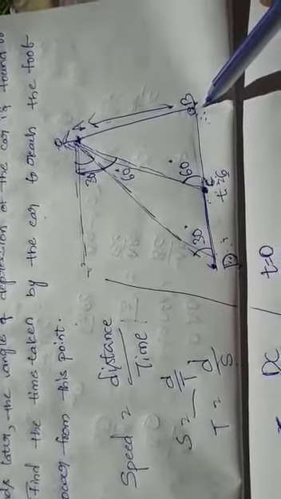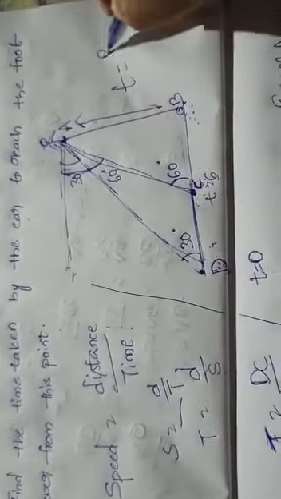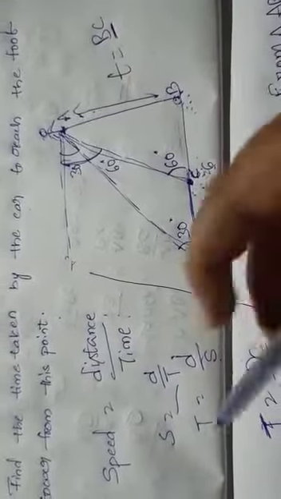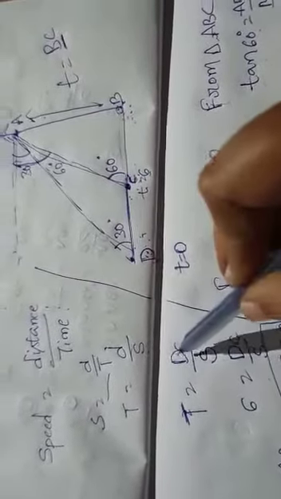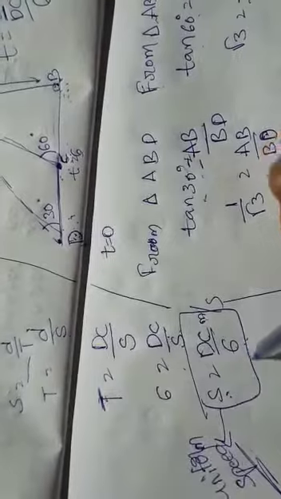Here we have to find the time taken by the car to reach from point C to B. Time equals distance by speed, BC by speed. Speed equals distance by time, so speed equals DC by 6. It is a uniform speed.